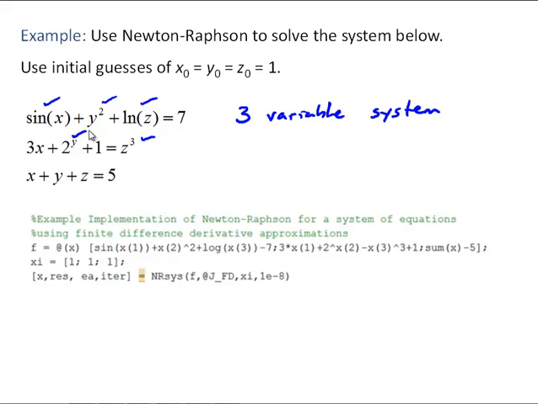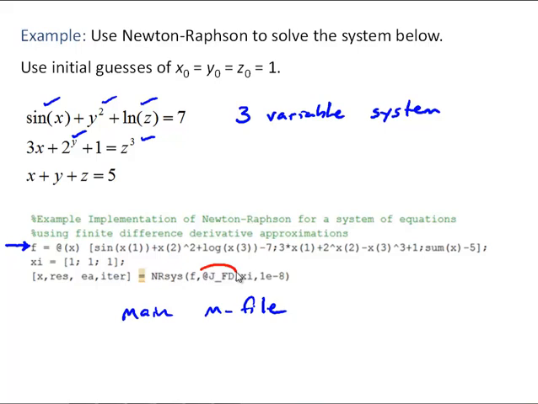So again, here is the main M file to call Newton-Raphson. And included here is our anonymous function to calculate the function evaluations at each iteration and our initial guesses of 1, 1, 1.